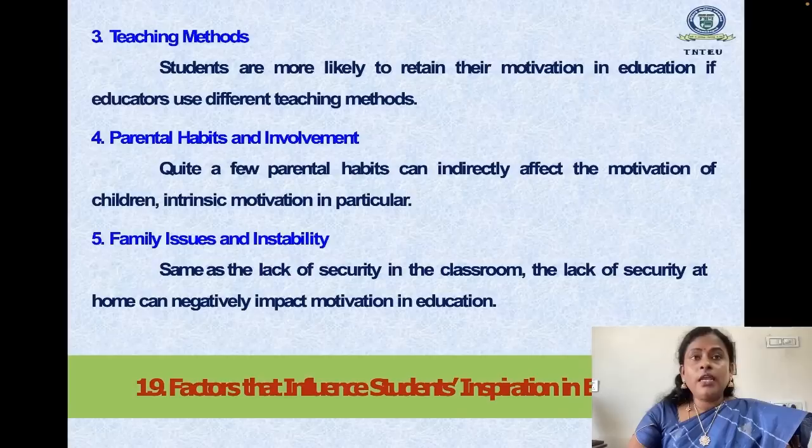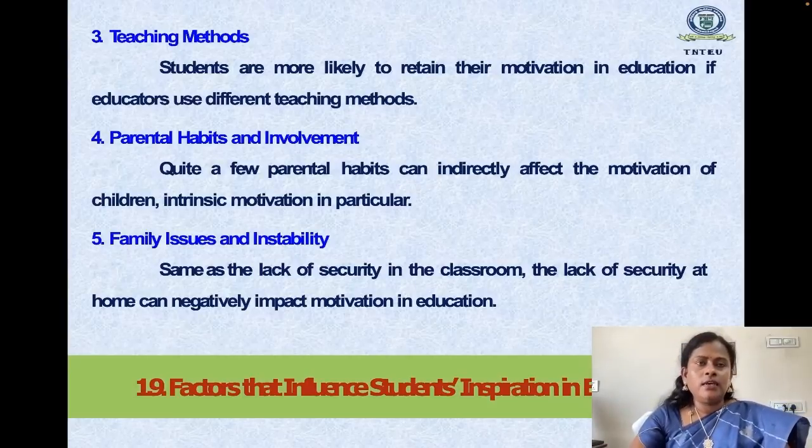Reading with small children helps them develop literacy faster than talking does. Moreover, reading comprehension level can determine students' success in later school years. Fifth one is family issues and instability.